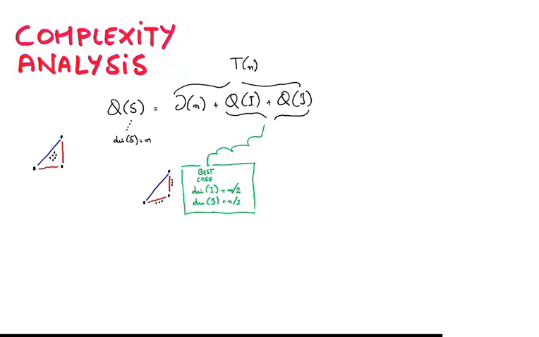That means that T of n is order n plus two times the cost of a half problem. And this is typically a divide and conquer recurrence.